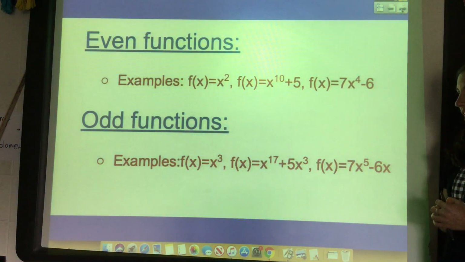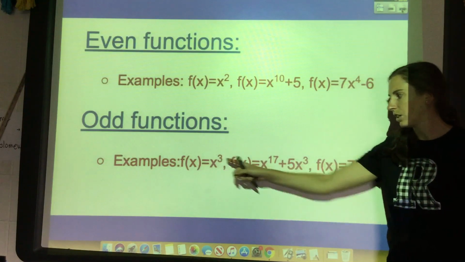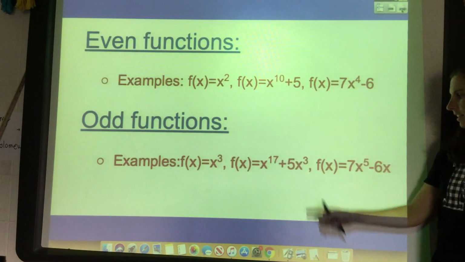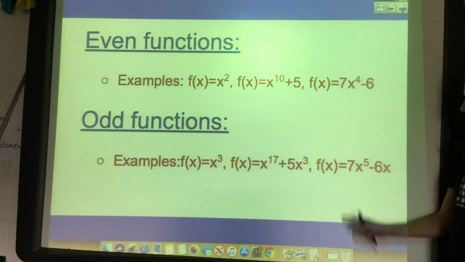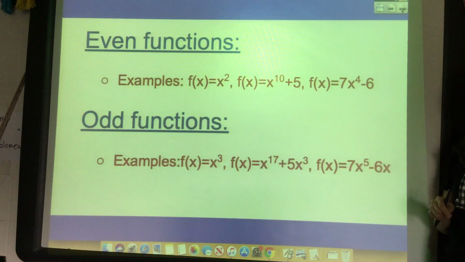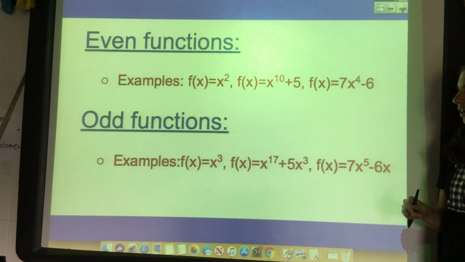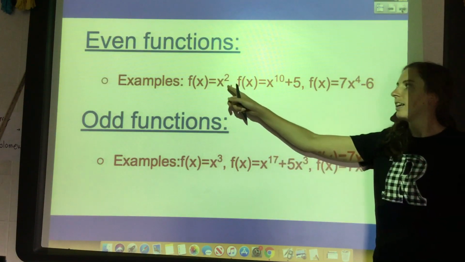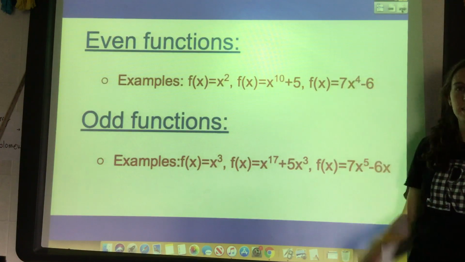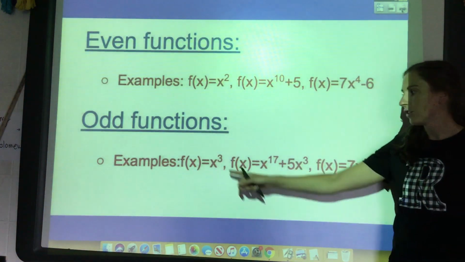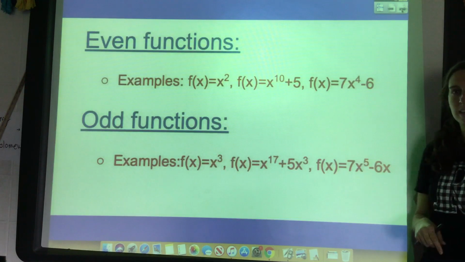Or, for example, the odd functions could be x cubed, x to the 17th, plus 5x cubed, 7x to the 5th minus 6x. Again, anything you notice there? Okay, so here's something you may have noticed. Each of these has even exponents. Each of these has odd exponents.